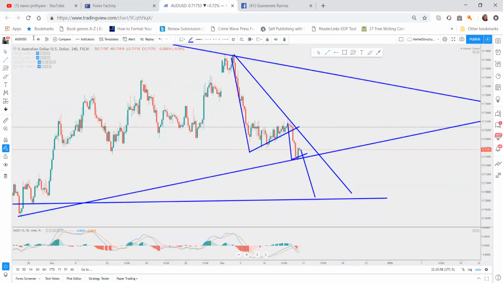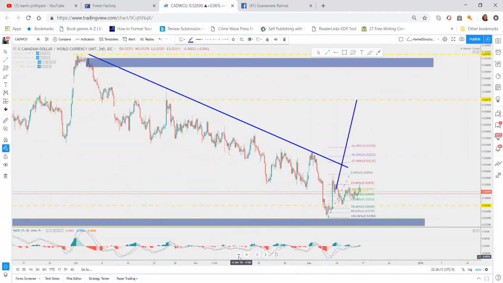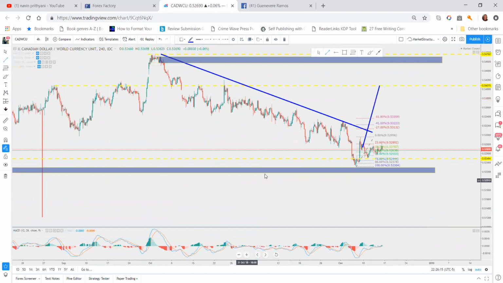So that's what I do on Saturday. I mark up AUD by itself, then I would mark up CAD by itself, and I would go down the line to Swiss franc, the dollar, the yen, the New Zealand dollar, the euro, and the Great British pound. And that would tell me what I expected those currency pairs to do. See, CAD had been on a steady decline because of oil prices declining.